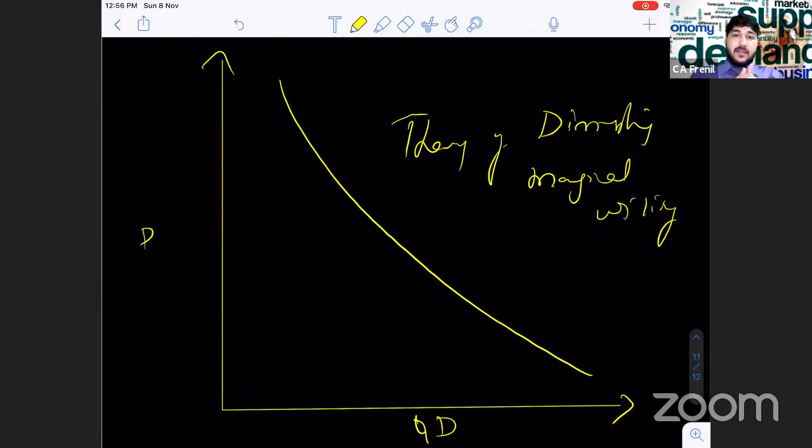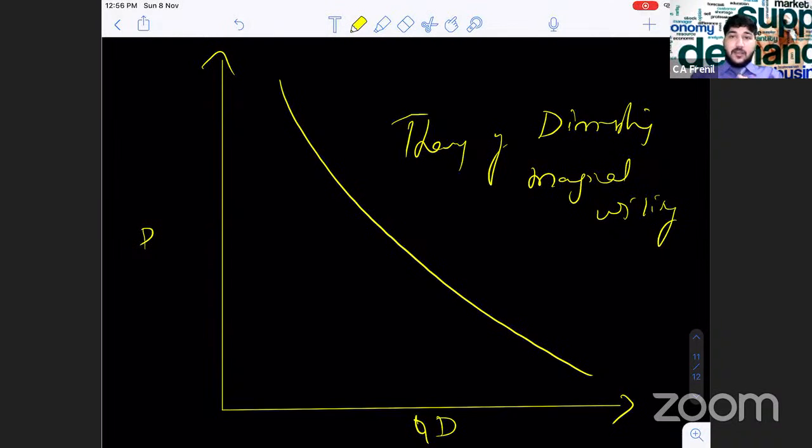That is why there is a downward slope. For the price you are paying, you now expect something more than a burger. If I tell you that you have to pay 100 rupees anyway, you will expect something more than a burger, correct. That is one of the reasons why the curve drops downwards to the right.